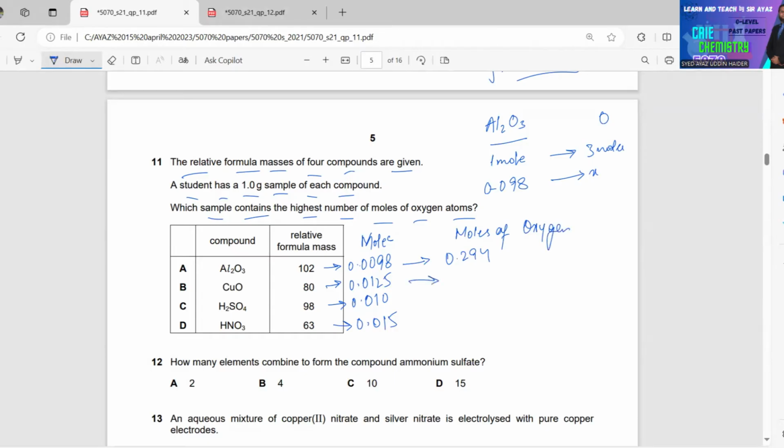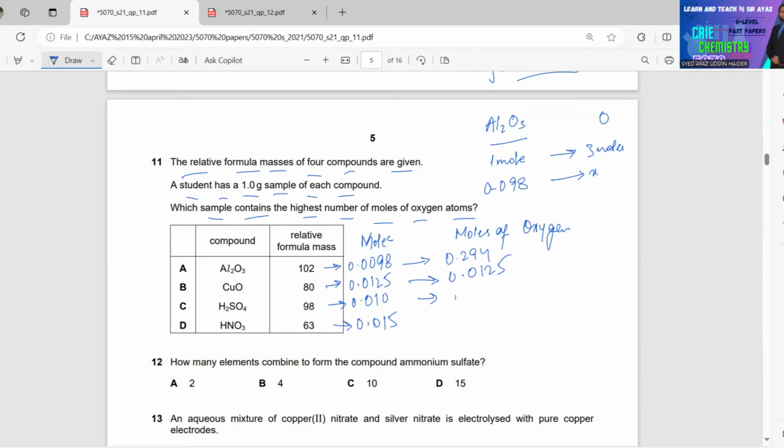What about CuO? It's 1 mole. So 1 mole is producing 1 mole of O. So 0.0125 gives 0.0125. What about H2SO4? H2SO4 is giving 4 moles of oxygen. So 0.010 will be multiplied by 4.